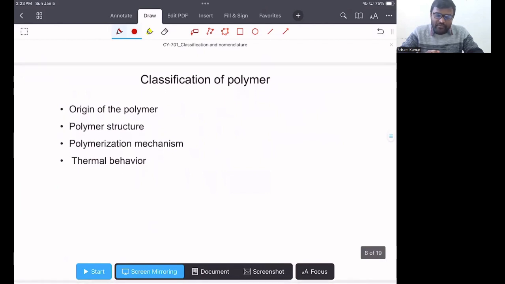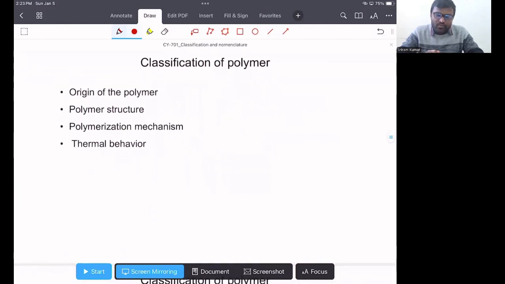Okay, so after the basic understanding about the polymers and monomers, we have the classifications. All the polymers are classified based on 4 points. First classification is based on the origin of the polymers. Second is the polymer structure, for example, linear, branched, some kind of structures.